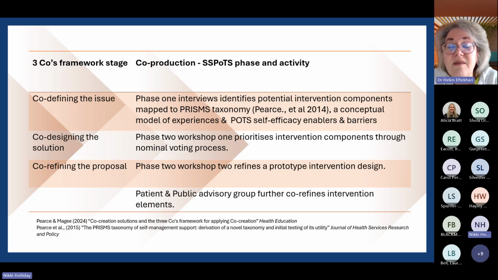The second of the 3 COs that I used was co-designing the solution, and I undertook this in phase 2 of the research design, which was the workshop. So there was workshop 1, which was co-designing the solution, to prioritise what would be the specific components that you would see in a supportive self-management intervention. And then I undertook a second workshop, which co-refined the solution.